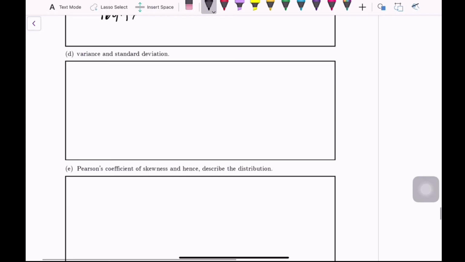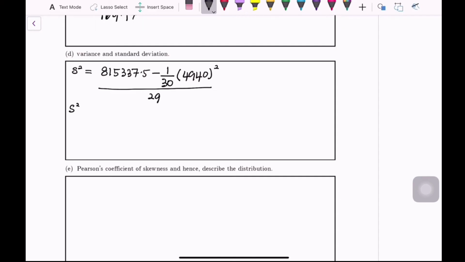Then D, find the variance and standard deviation. Variance S squared is equal to the sum of fx squared, which is 815337.5, minus 1 over n, which is 1 over 30, times the sum of fx, which is 4940, squared, over n minus 1, which is 29.